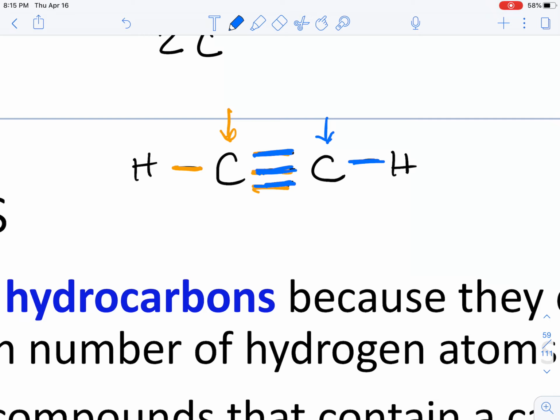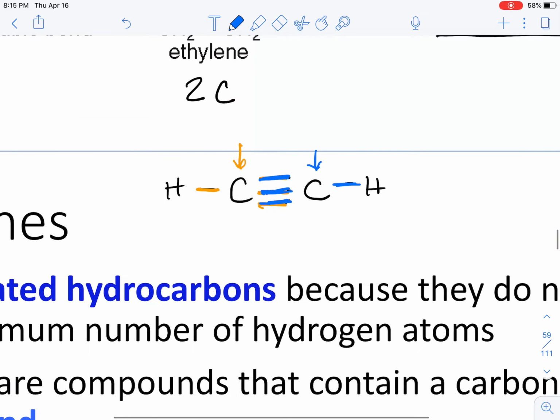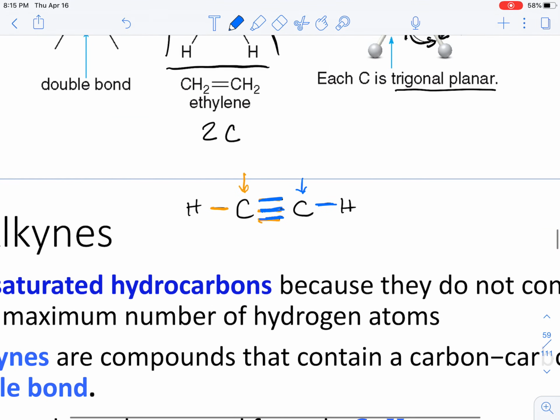By removing those hydrogens and taking those electrons and creating another bond between the 2 carbons, it produces a triple bond, but since we've reduced the maximum number of hydrogens possible, we would say that this is an unsaturated hydrocarbon.